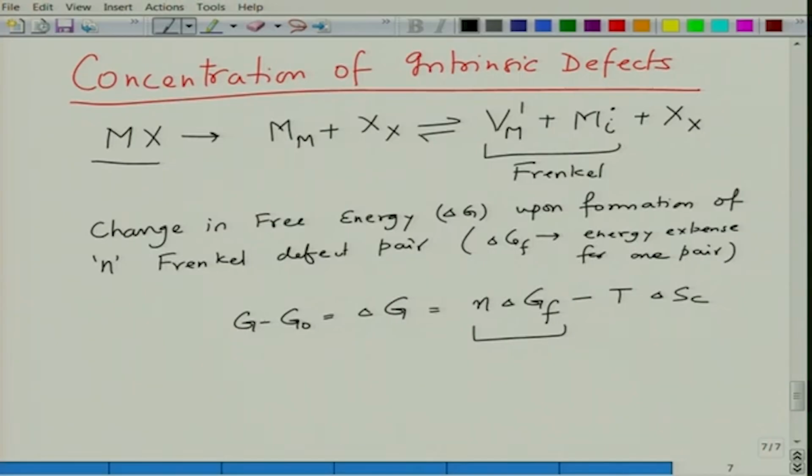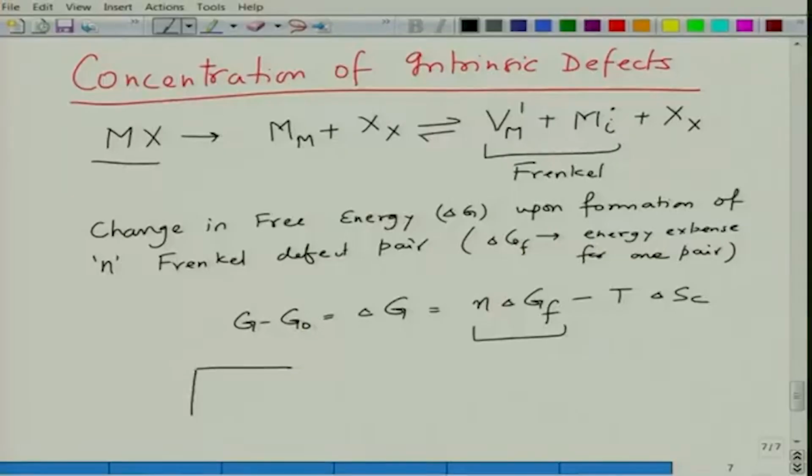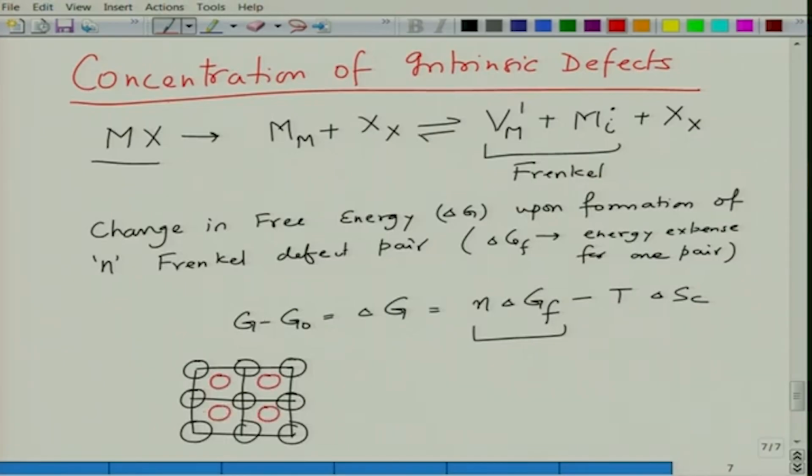You can write it as delta H_f if you want, but the moment you create these defects, there will also be a change in the entropy, and most importantly the configurational entropy, because earlier you were starting with a system which was like this. So, a perfect material system would be like this, right. The imperfect one would be where you create a vacant site, and this atom will go somewhere, let us say here, the interstitial site.